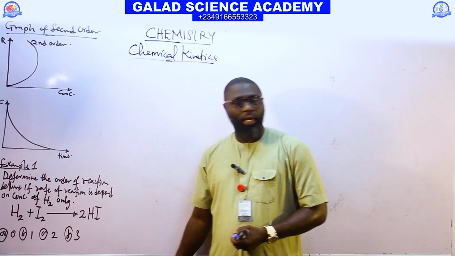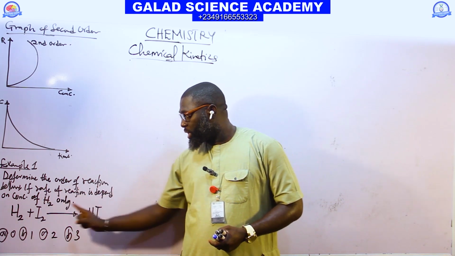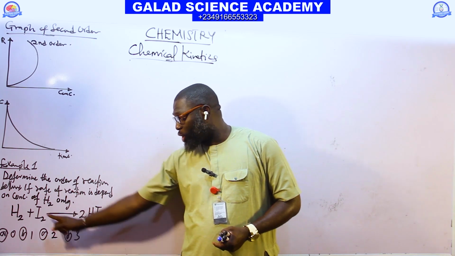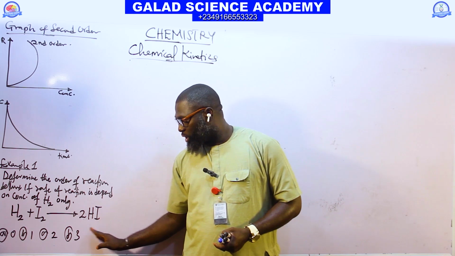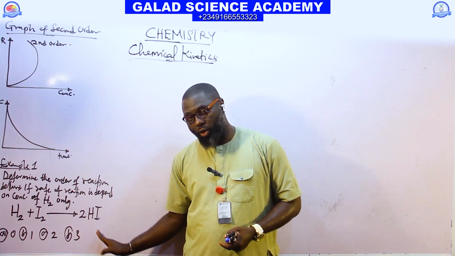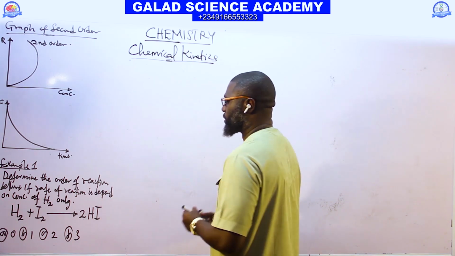See, in this example 1, determine the order of reaction below if the rate of reaction depends on the conc of hydrogen only. So what do we have in the equation? We have hydrogen gas reacting with iodine gas to give us hydrogen iodide. What should be the order of reaction? Solution.